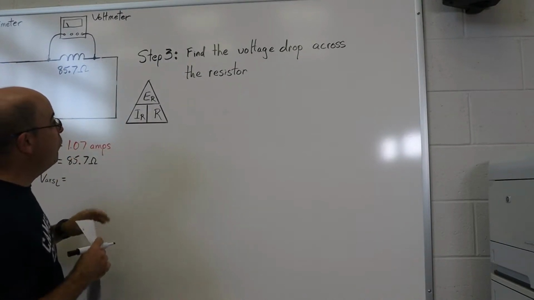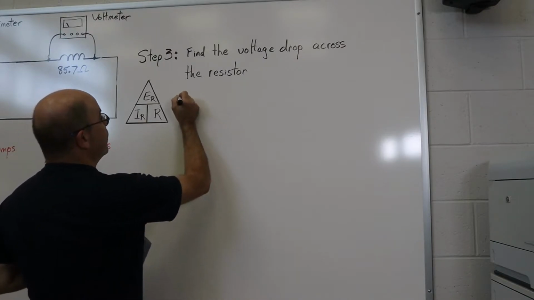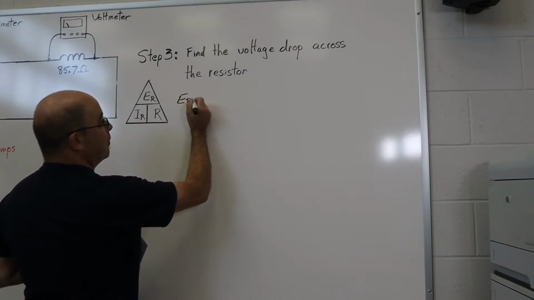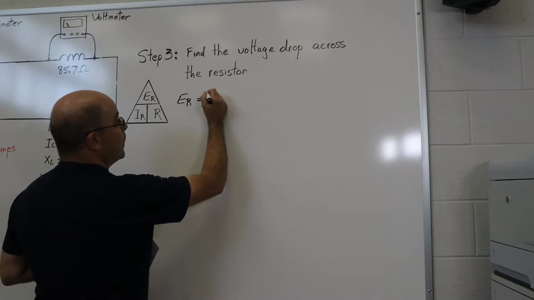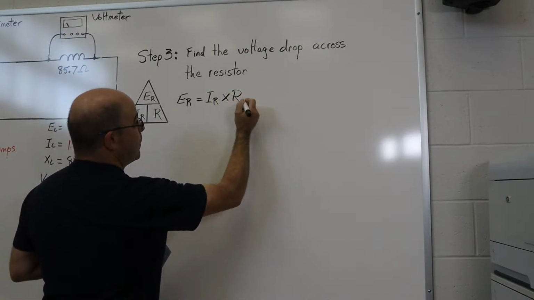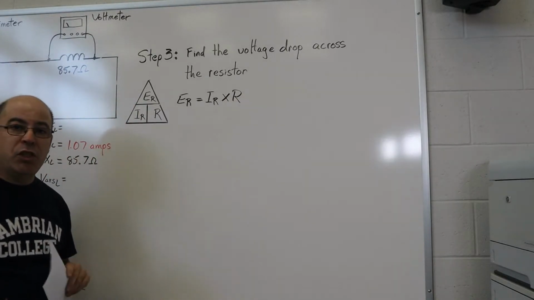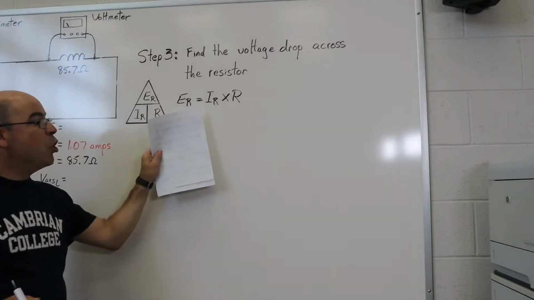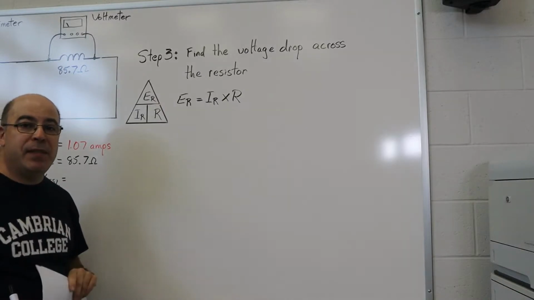In this case, our formula is going to look like this. The voltage drop across the resistor will be equal to the current multiplied by the resistance.